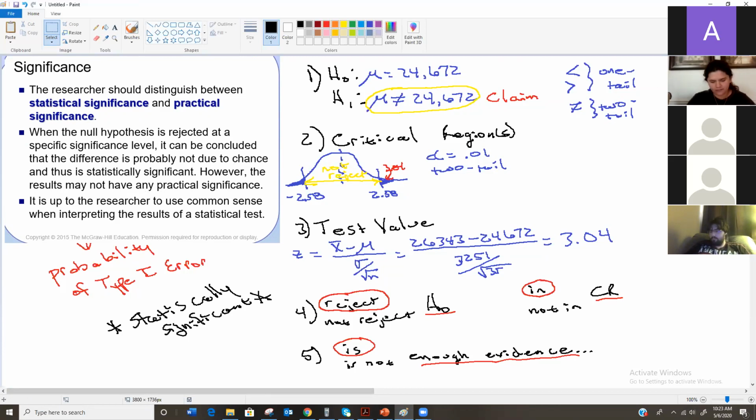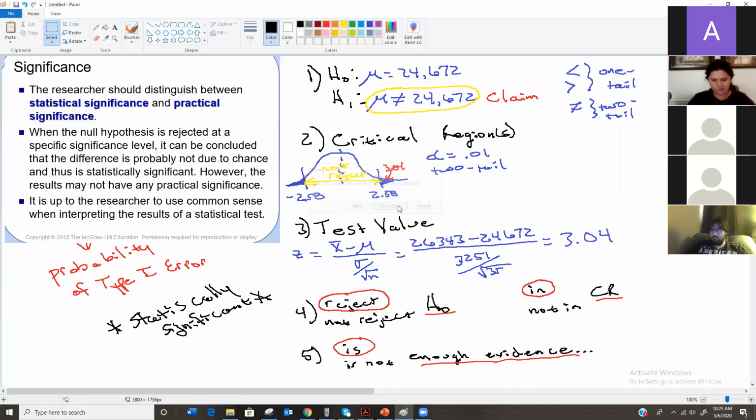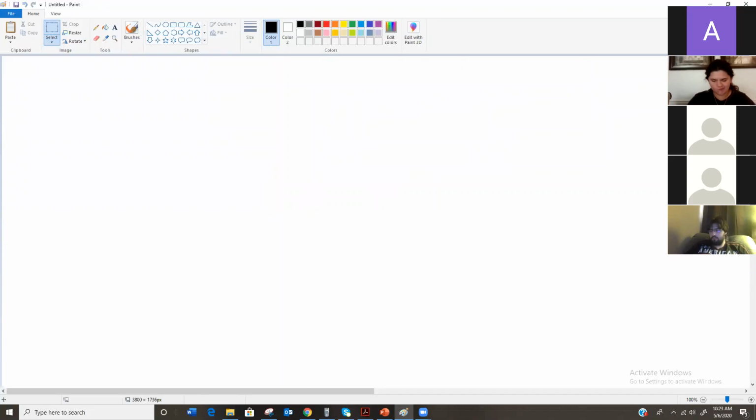So let's look at 8.3. Before we do 8.3, I won't go back and talk about chapter 7, but remember chapter 7 is the same. 8.1 was just an intro, so this is all about hypothesis testing.